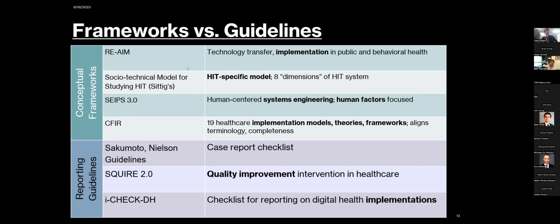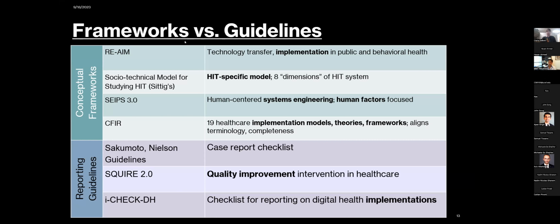Claire, I don't know, thoughts from your end too? I think Tiffany had said that JMIR, or at least the group that she's an editor for, was going to start requiring iChecked for their technical briefs. So if I were just starting out, I'd probably use the Sakumoto paper to get a lay of the land for what reporting guidelines might look like. I'd check out the iChecked DH, which is a quick paper to skim because it's going to feel very familiar to how an RCT paper should look.